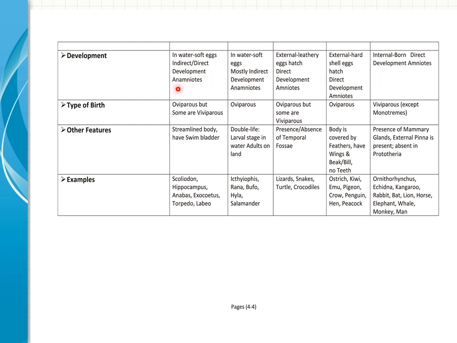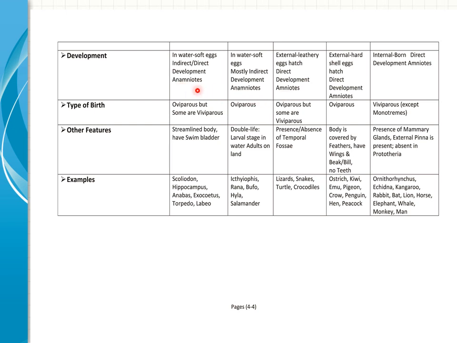The next point which I have mentioned here is anamniotes and amniotes. Based on the presence or absence of the extra embryonic membranes surrounding the developing embryos, the 5 classes of vertebrates are grouped as anamniotes or amniotes.